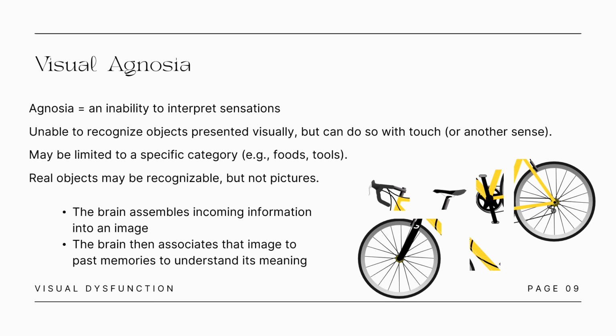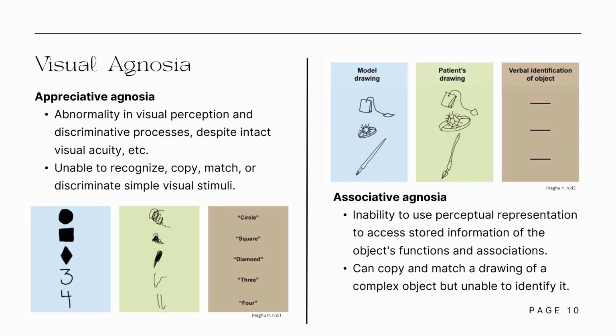It's been theorized that visual processing happens in 2 stages. First, the brain assembles incoming information into an image. And second, the brain associates that image to past memories to understand its meaning. Apperceptive agnosia is an impairment at that first stage, so the person can't reliably name, match, or discriminate visually presented objects.